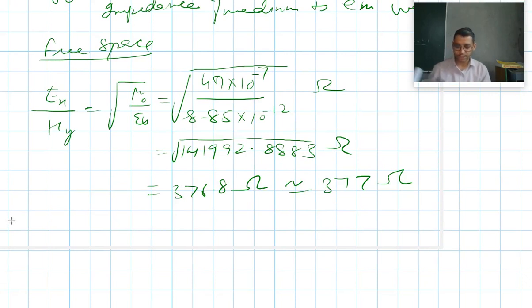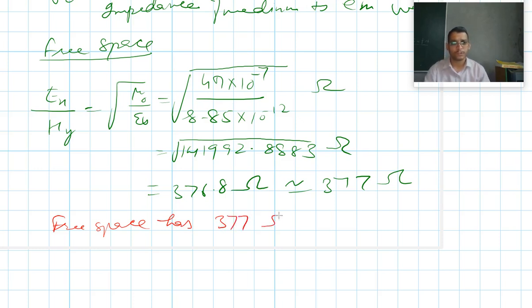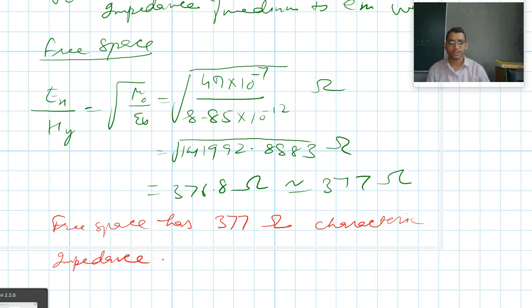Therefore, free space has 377 ohm as its characteristic impedance, and this is a very important point from the examination point of view, right? That's all for today's lecture.